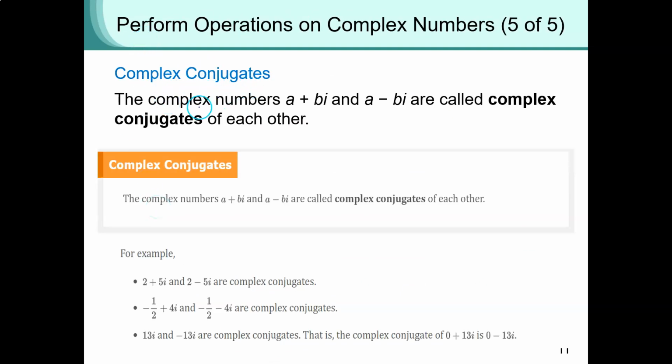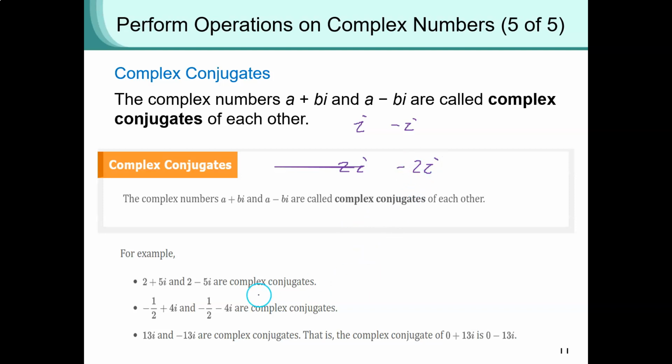Complex conjugate. The complex numbers a plus bi and a minus bi, we call conjugates of each other. In other words, when you have a solution with a positive i, that means negative i must be a solution. When you have one solution 2i, that means negative 2i must be a solution as well.